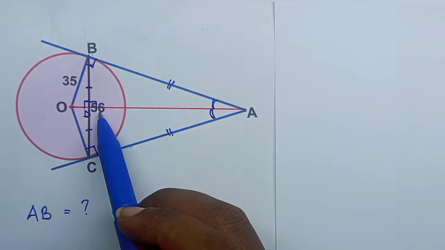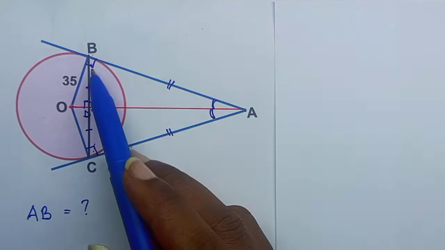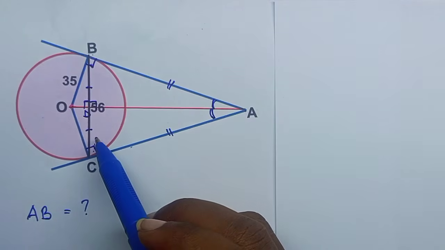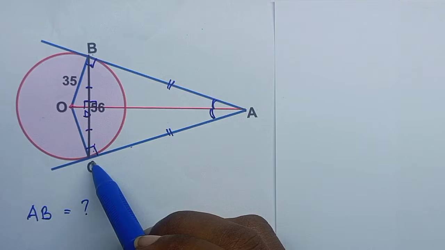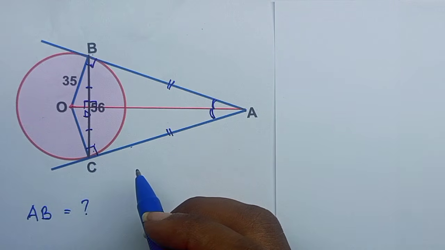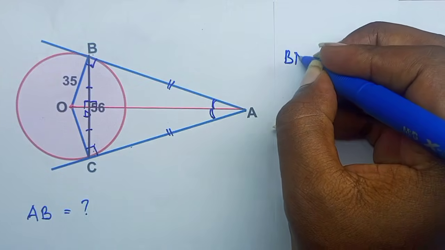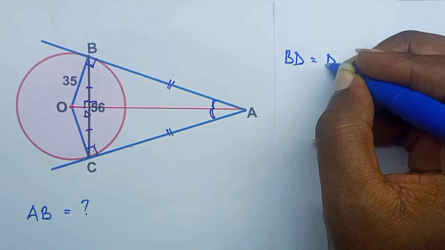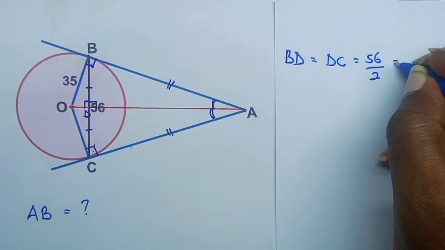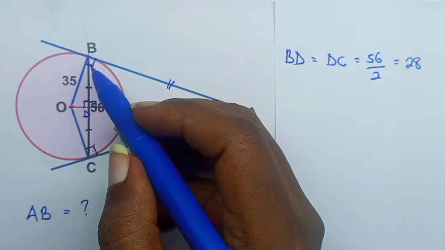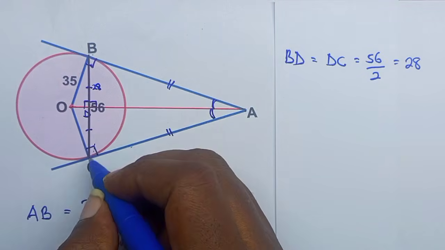Now we know that 56 is the length of BC. So if BC is 56, then BD and DC will be 56 divided by 2, which gives us 28. So BD is 28.